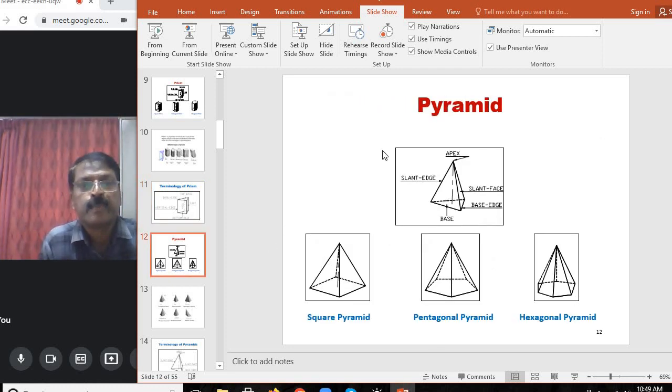Next we will consider pyramid. Pyramid is a solid bounded by one base, a number of triangular faces and one vertex. So see the top figure, a triangular pyramid.